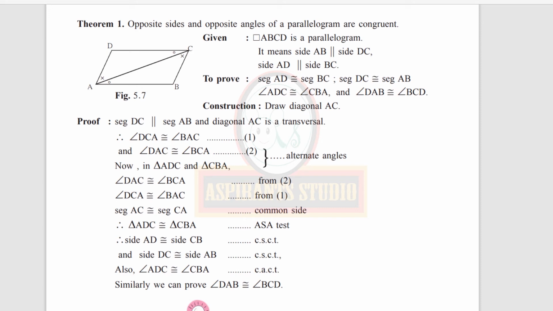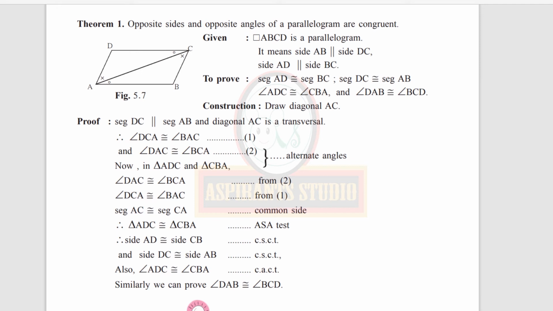When we drew the diagonal AC, then we had proved angle ADC is congruent to angle CBA. If you follow the same procedure with the other diagonal BD, then you can prove angle DAB is congruent to angle BCD. Hence, we have proved segment AD is congruent to segment BC, segment DC is congruent to segment AB, angle ADC is congruent to angle CBA, and angle DAB is congruent to angle BCD.